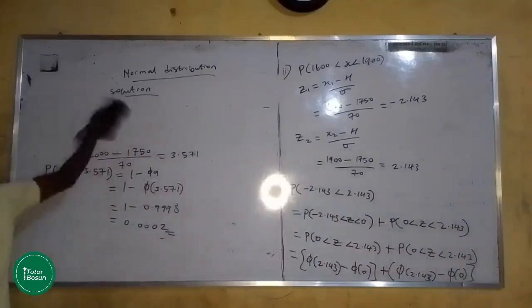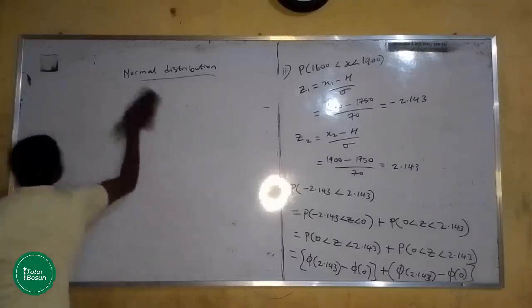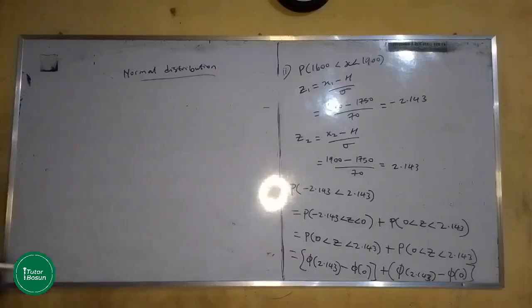So we can check 2.143 from our normal distribution table. We should be able to do that now.